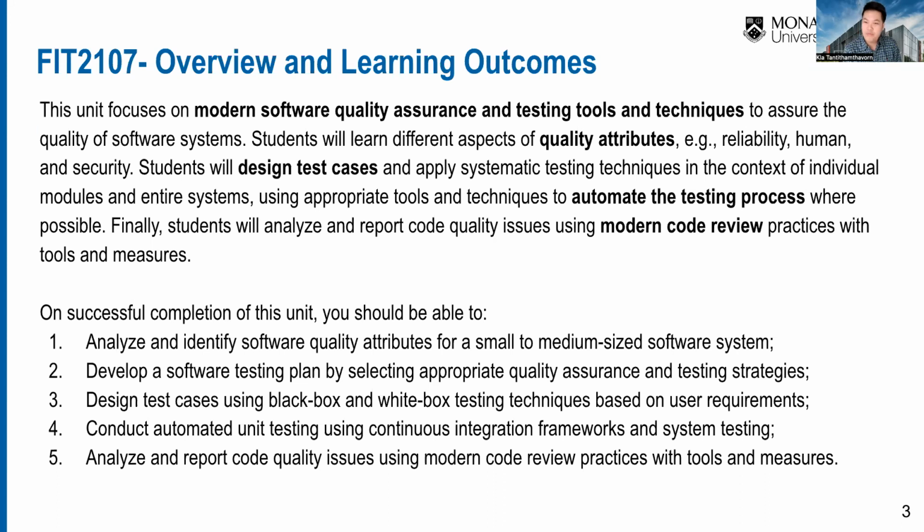So I think the key question is how can we effectively design the test cases so we can test the program with minimal resources? And because there are so many test cases, we will learn about how to do the test automation as well. So we will talk about the CI and the CD pipeline. We'll go through about that later.